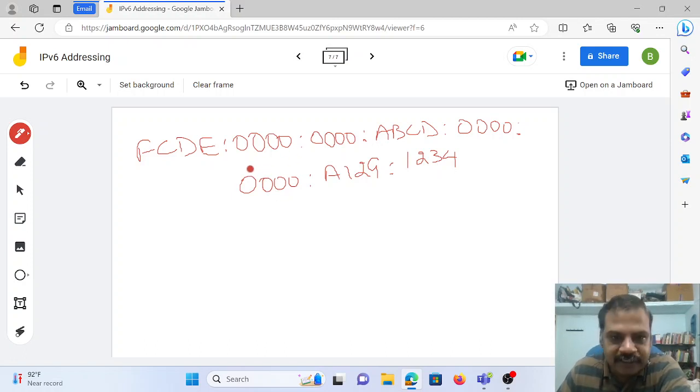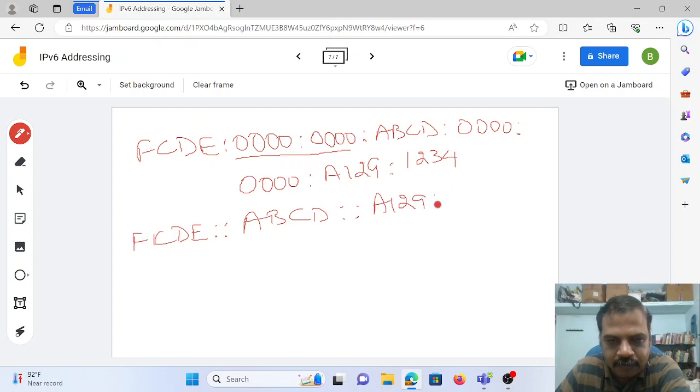As per the last example, we can replace this with double colon: FCDE double colon, then ABCD double colon, A129, then 1234. But this is not allowed in IPv6 abbreviation. Either we can use double colon here or only here. Two times we should not use.